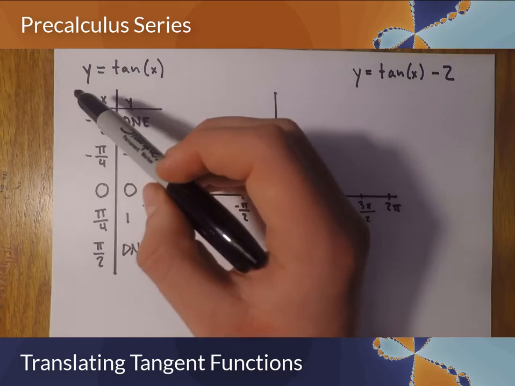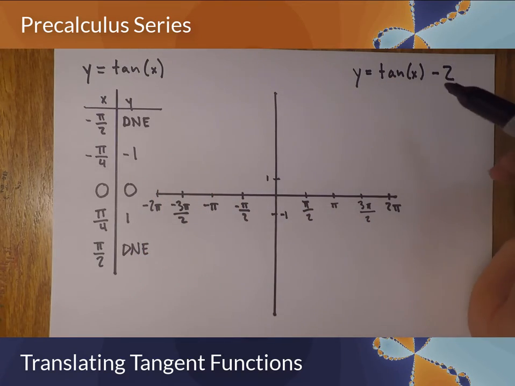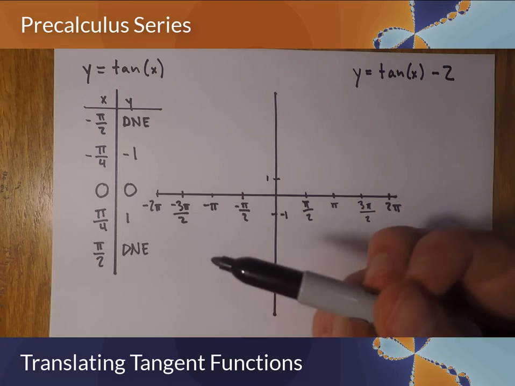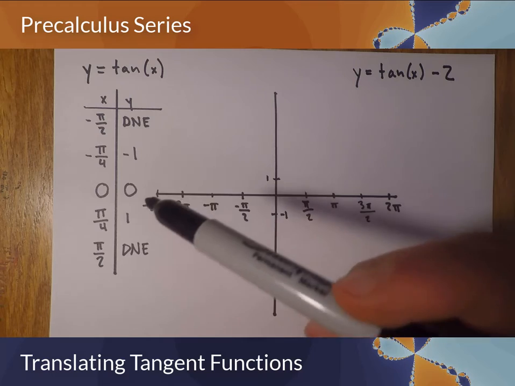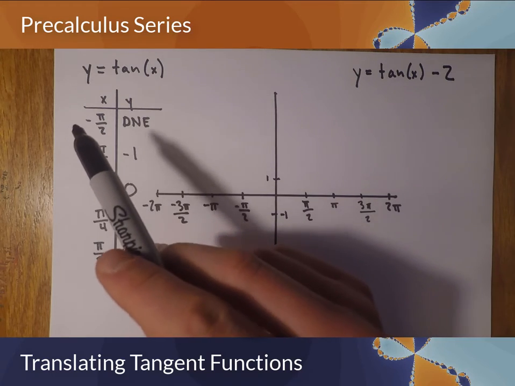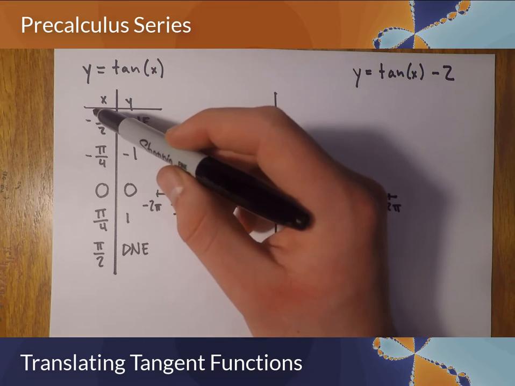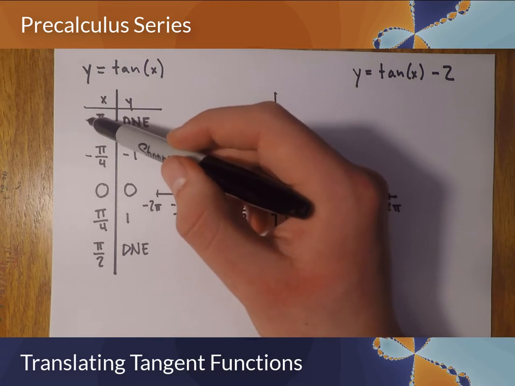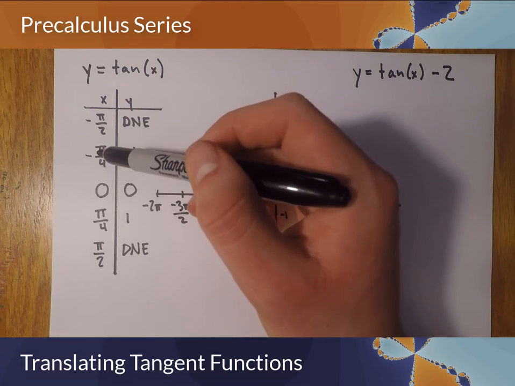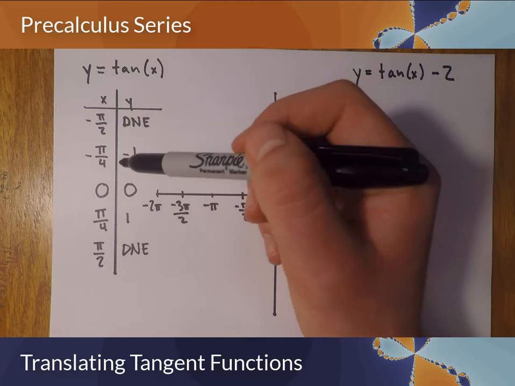For our first example, we're going to be graphing y equals tangent of x and y equals tangent of x minus 2. I have a table here that I computed ahead of time. When the angle is equal to negative pi over 2, there's no y value, it does not exist.